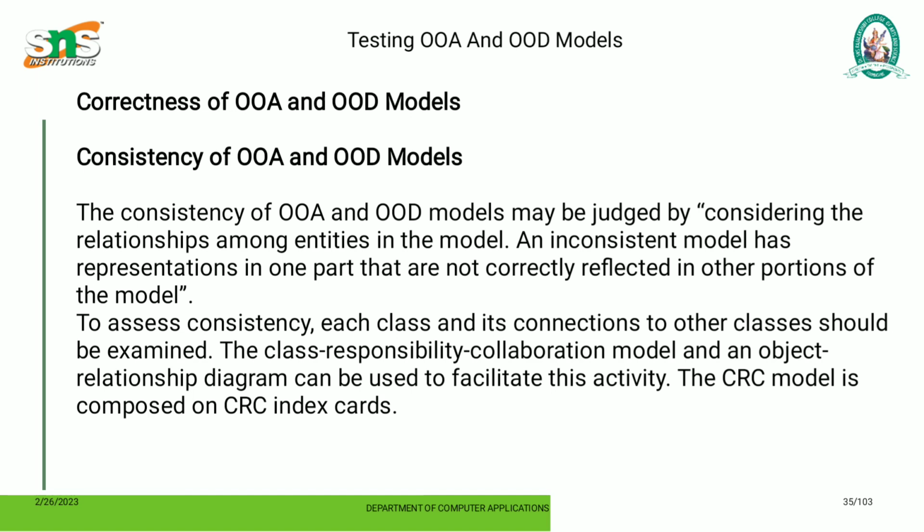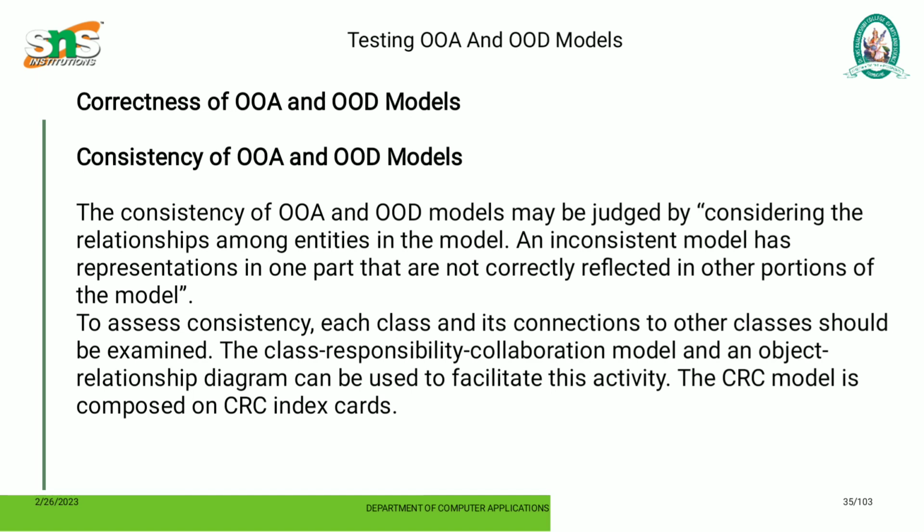Just by considering the relationship among entities in the model, an inconsistency is found when a representation in one part is not correctly reflected in other portions of the model. For correctness, each class and its connections should be examined. The class responsibility collaboration model and an object relationship diagram can be used to facilitate this activity.